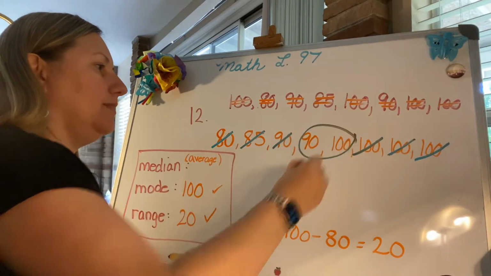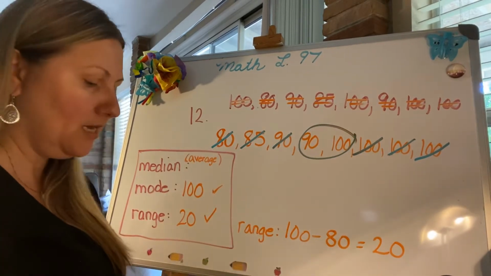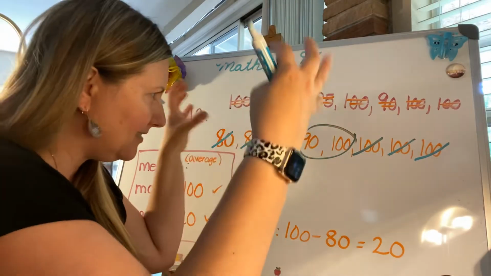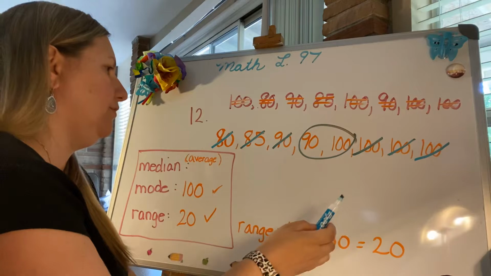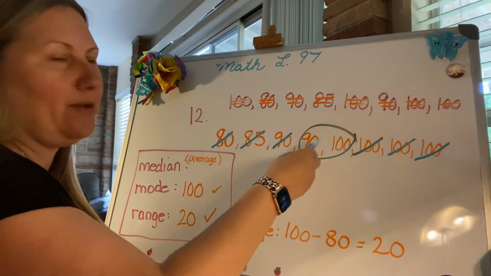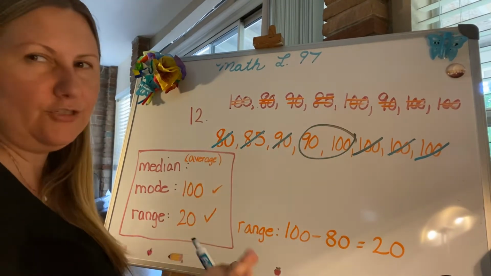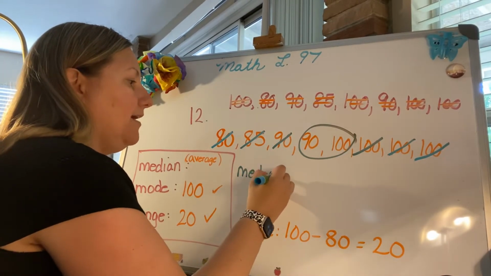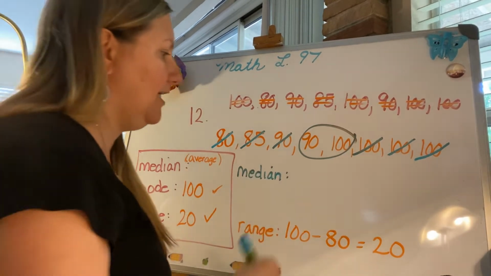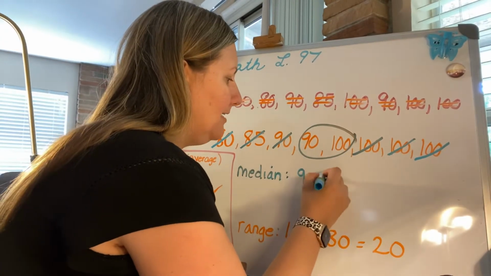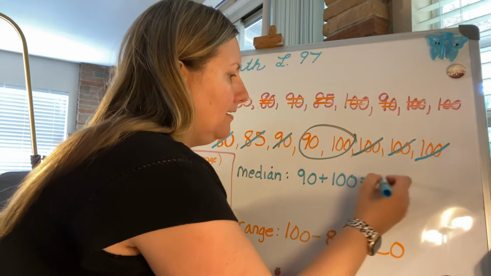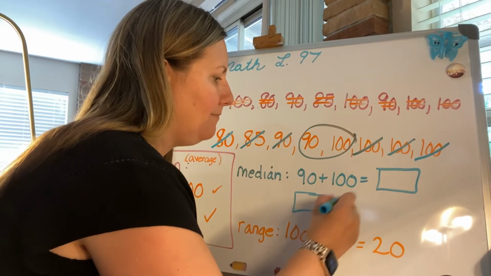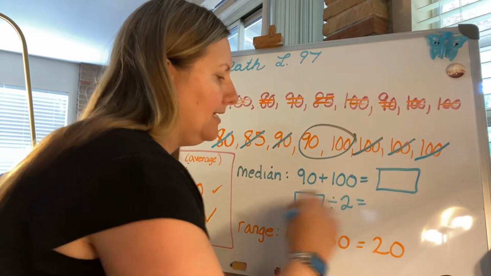Well, the median can't be 2 numbers, so we have to figure out what is the exact average or middle of both of those. Now you can kind of see that's probably 95, but there's no guessing in this. We have to actually do the work to be sure we get it right. So the median, we take the 2 numbers, 90 plus 100, and we get a number. Then we're going to take that number and divide by 2 to get our median.